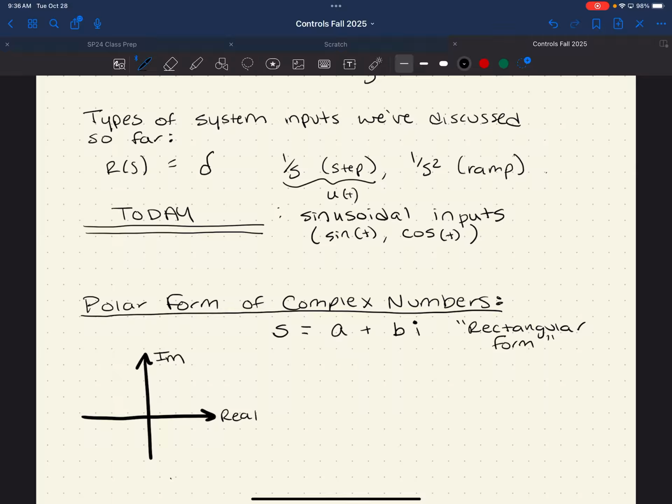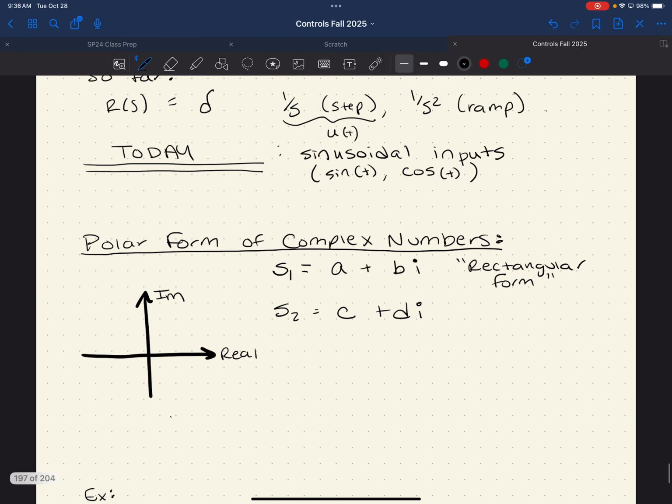Rectangular form of a complex number. Okay, in rectangular form, things like adding and subtracting complex numbers is fairly easy. So if I have another, maybe we'll call this S1, if I have an S2 that's C plus Di, and I wanted to add these two things, well, I'd simply add the real components and add the imaginary components.